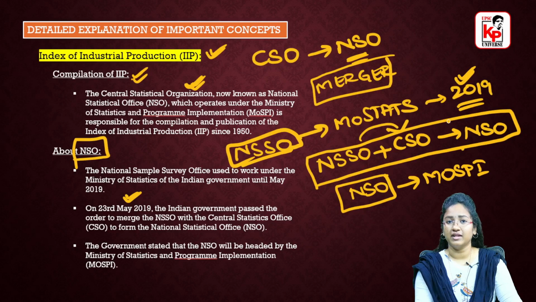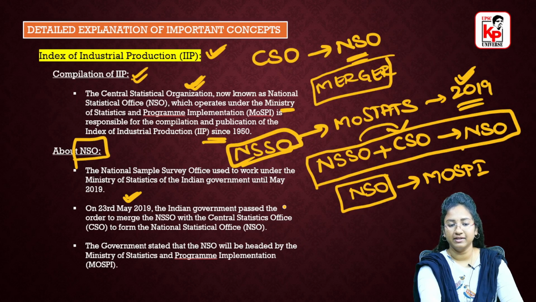So before 2019, this IIP used to be compiled by CSO, and now since it has merged with NSSO, it is being compiled by our National Statistical Office. This operates under our Ministry of Statistics and Program Implementation, as we have already discussed.